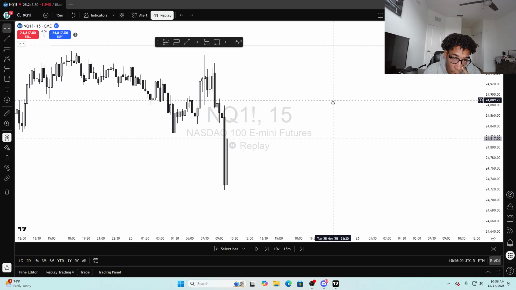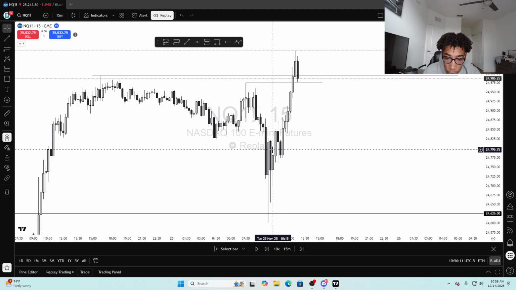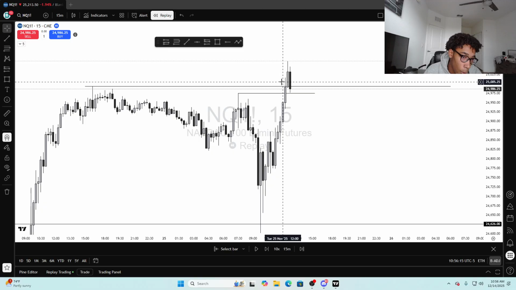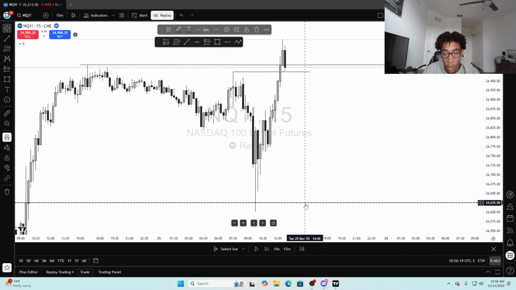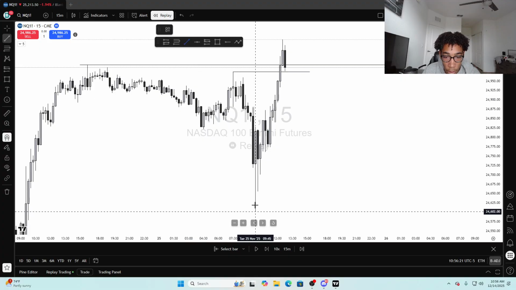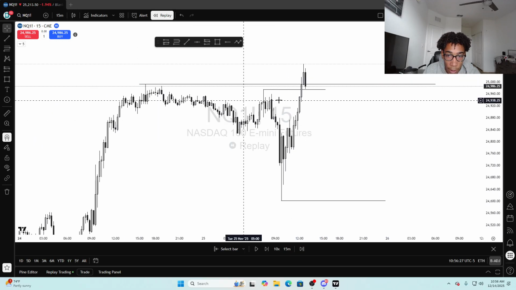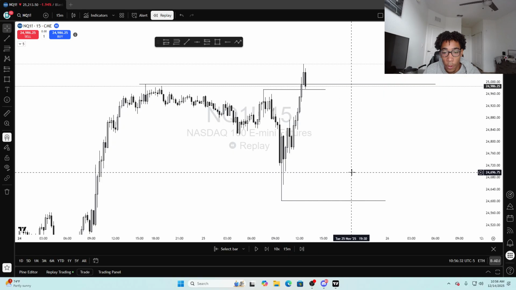So a lot of you guys will see price take out these highs, and you'll be like, oh well, we should come all the way back down. Now you're targeting down here, which is an extremely unprofitable thing to do, right? You're trying to target the external high, and then now you're trying to target the external low. That's a very unprofitable thing to do.